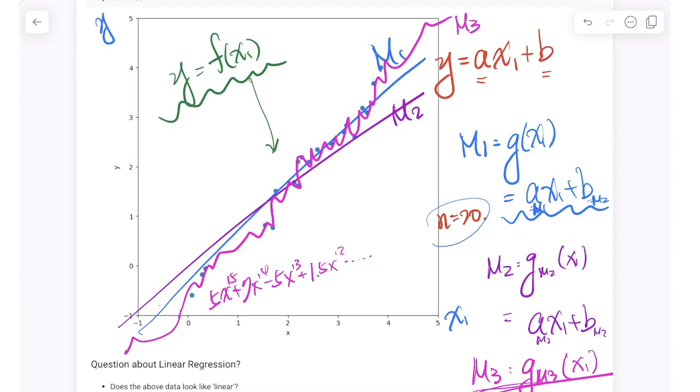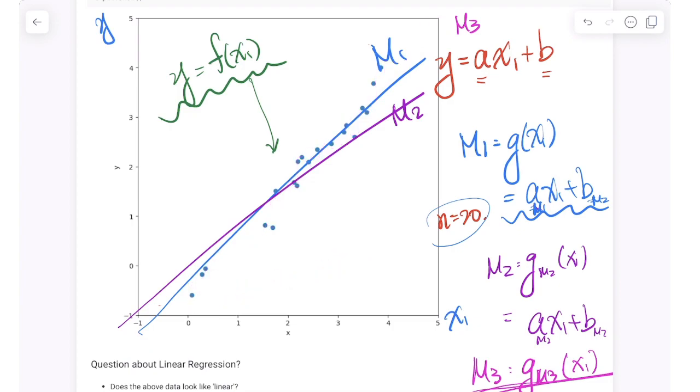It can fit those 20 data points very well, but that is not what we want, because that model would be too complex. So sometimes we choose a more simplified model like M1 or M2 to describe the data. That is our very first algorithm: we only use a very simplified line to describe the data we collected right here.